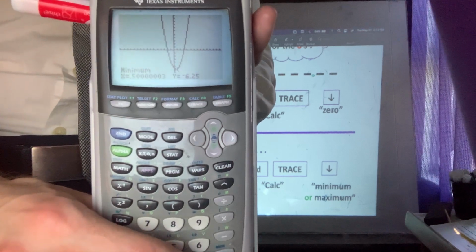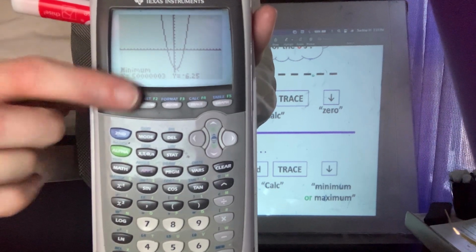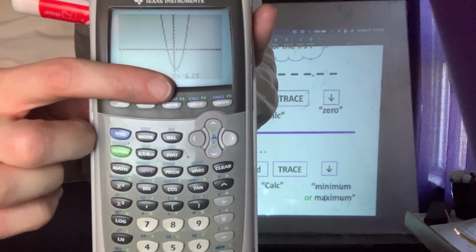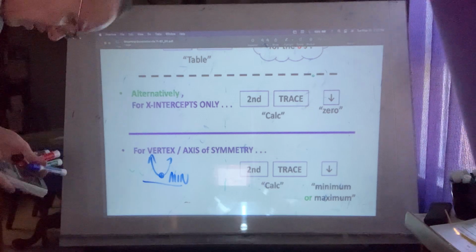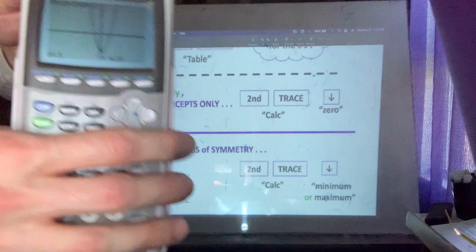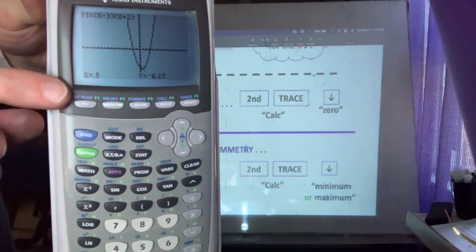All right, so 0.5, so you'd expect it's something like a half, all right, and then it looks like it's -6.25, so 6 1/4, all right. So 0.5, -6 1/4, just cleaning up the extra zeros here.